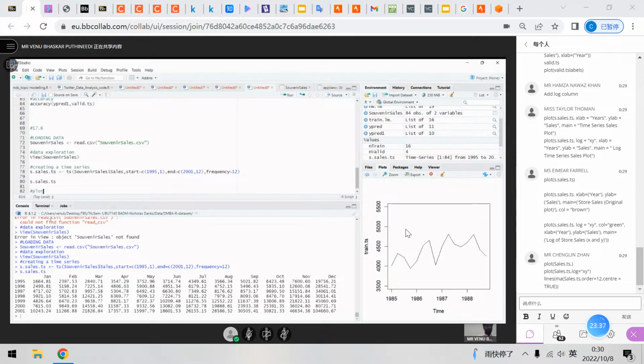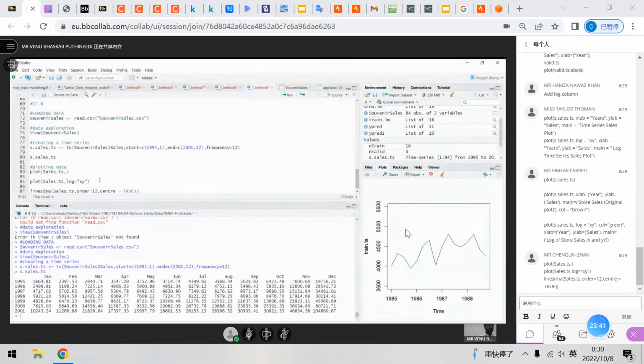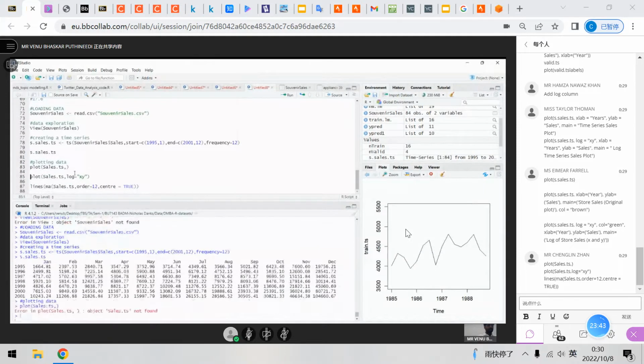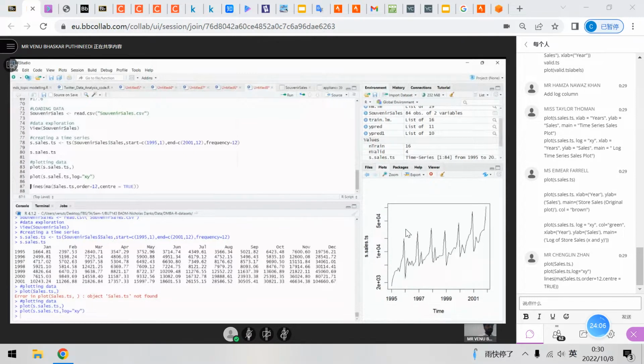Hashtag. So this is S dot sales. We have this data. S dot sales. Have this. So what do you make out of these two plots?